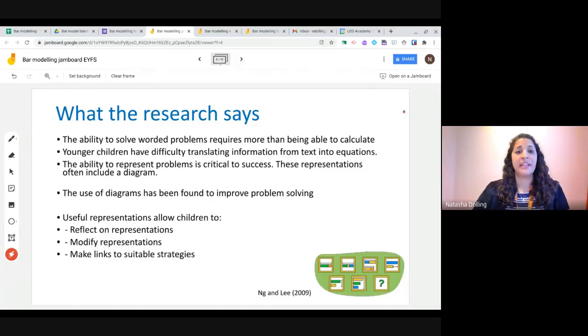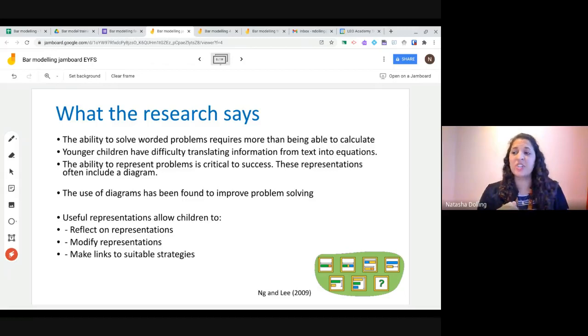So really briefly, what the research behind bar modeling says is that the ability to solve worded problems means you have to do more than just be able to calculate. And I hope that that first question has set this in context. It's not just about working with numbers, it's about knowing what to do with the numbers as well. And there can be a lot of difficulty translating information from the text into equations and into the correct equations.